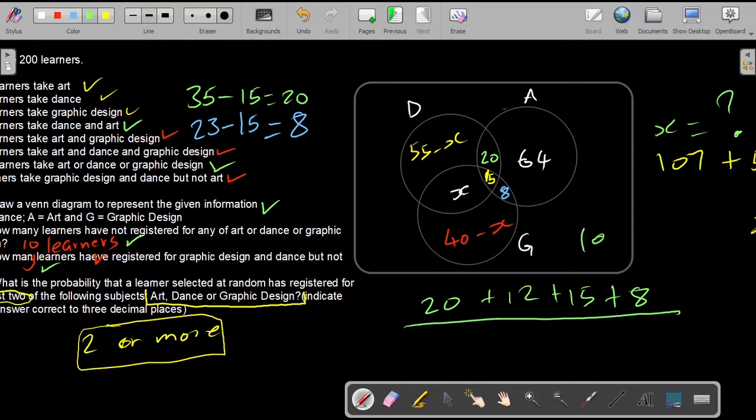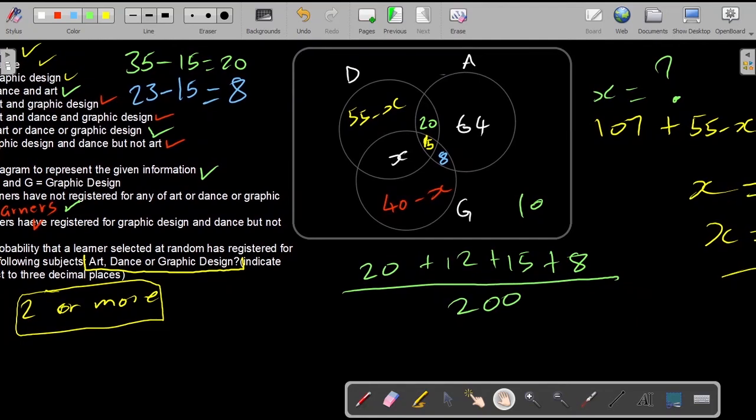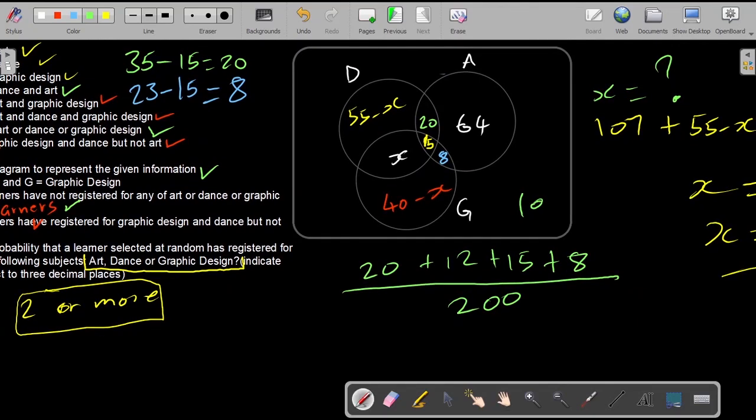Then we're going to divide by the sum of everything, because we're now computing the probability. And if you just combine this, that should be 23, that over there should be 32, added to that should be 55. So 55 over 200. And if you convert that to the form that is wanted in the question, then you should get 0.275. And that is your answer.